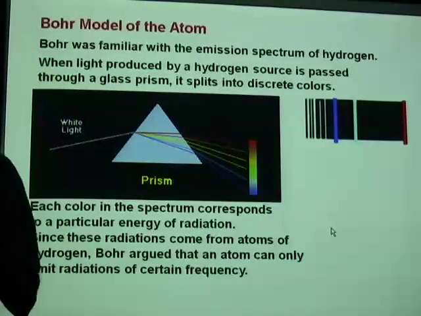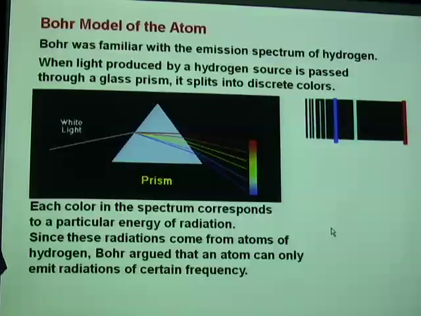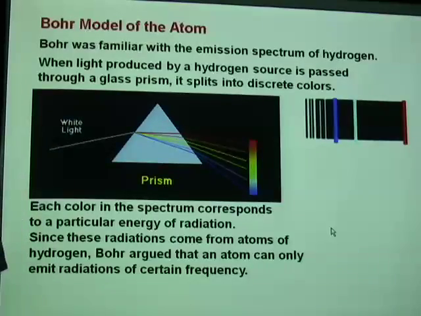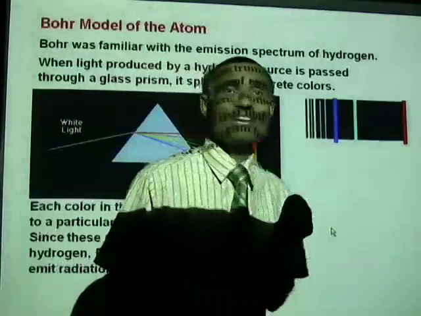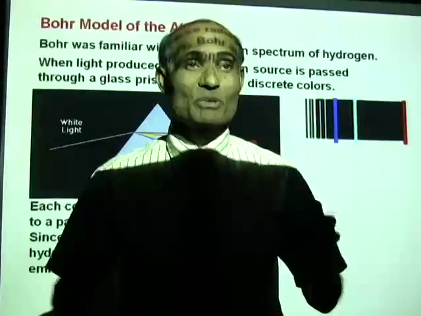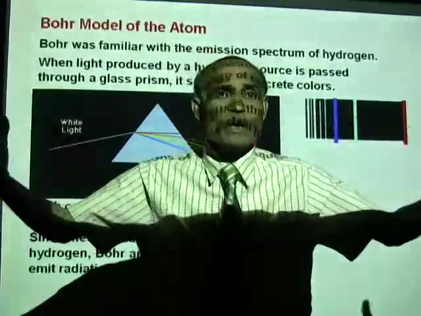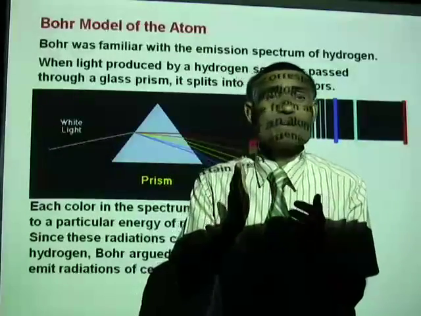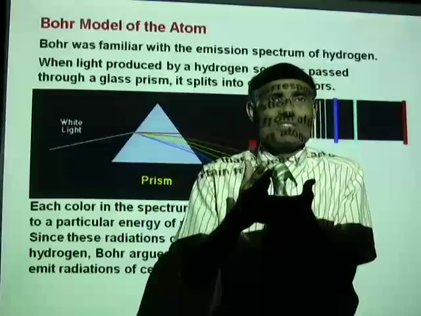Now, since these radiations come from atoms of hydrogen, Bohr argued that an atom can only emit radiations of a certain frequency. That means an atom cannot radiate all kinds of frequencies at the same time. It can only emit discrete frequencies.